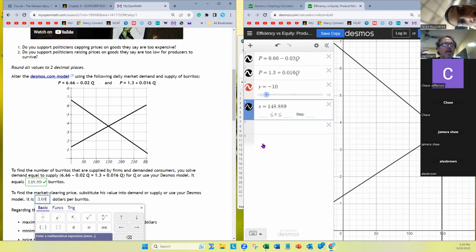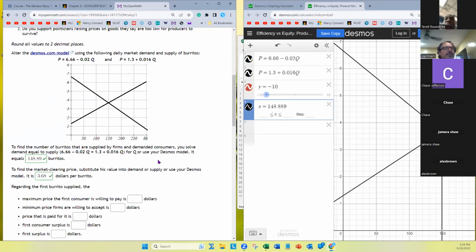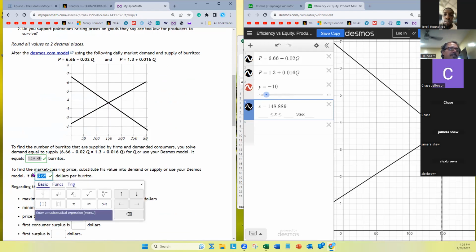So burritos in my market cost $3.68. And did I get the correct answer? Yes, right? And notice the height of the intersection of demand and supply. It looks like, yeah, 368. And the quantity is just a little shy of 150, right? So this vertical line is 150, but the intersection in my graph is just to the left of 150. So that makes sense.